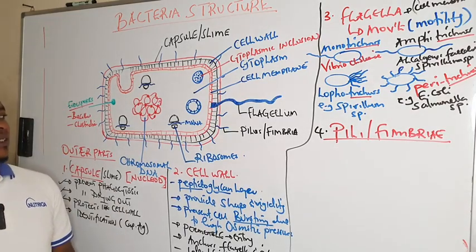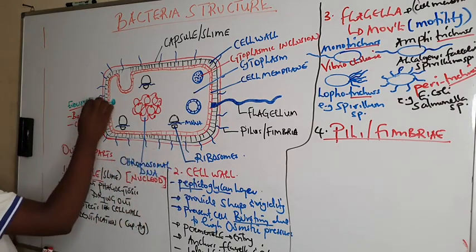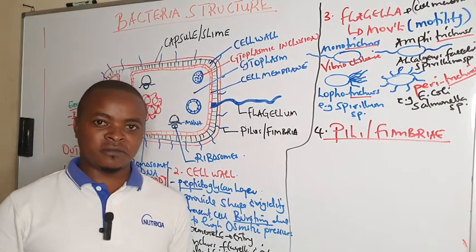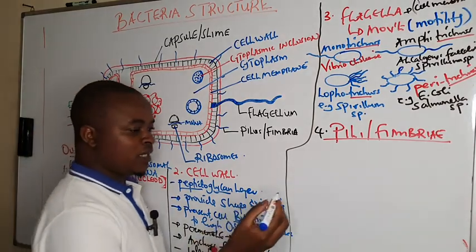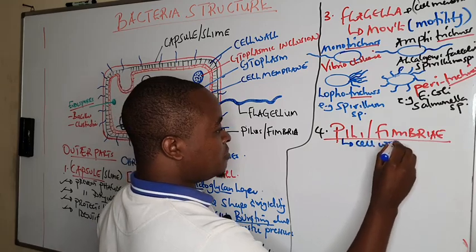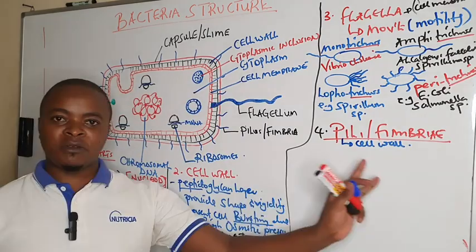And these pili, which we see surrounding the whole surface, are more in gram-negative than gram-positive bacteria. And these pili originate from the cell wall. That is the pili or the fimbriae.